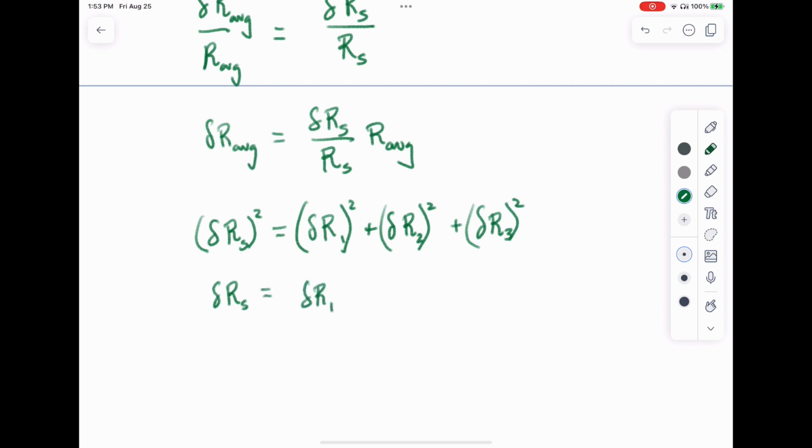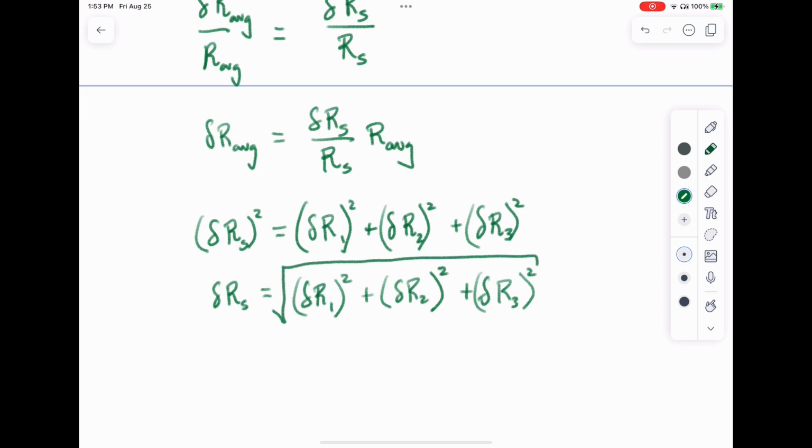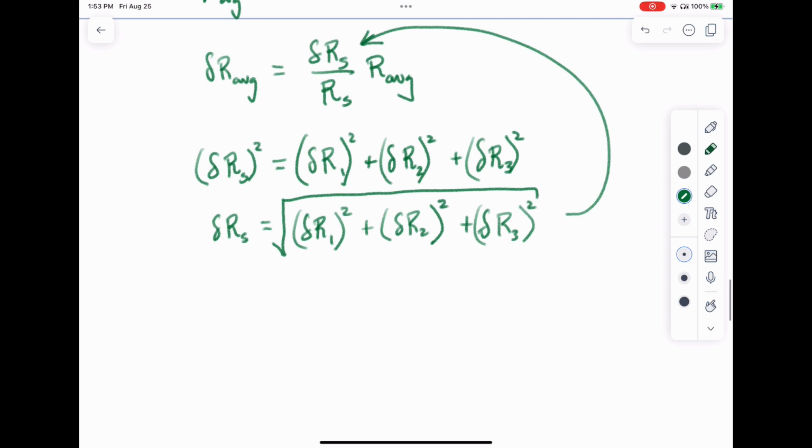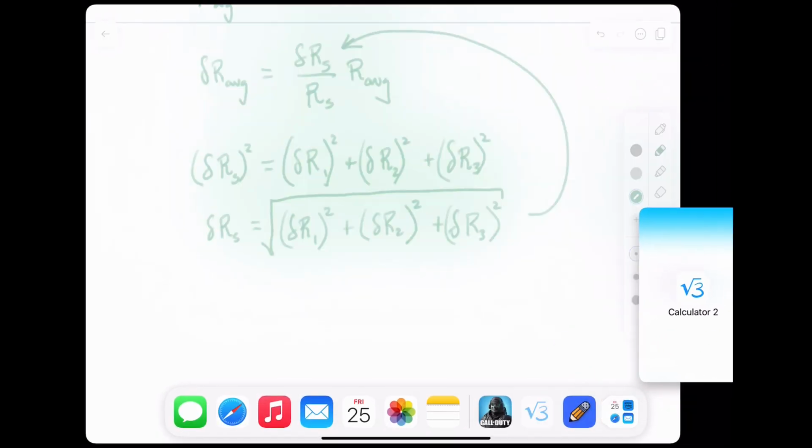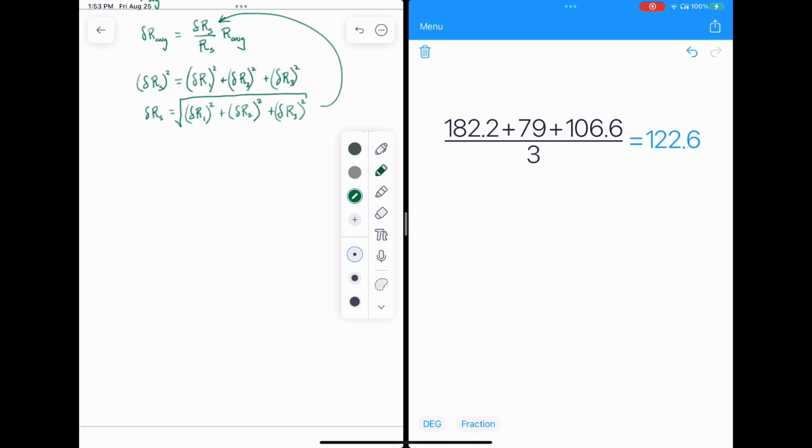And of course, it's just the square root of all of that. Now we're going to substitute in 8 ohms for the first device, 3 ohms for the second, and 4.5 ohms for the third.